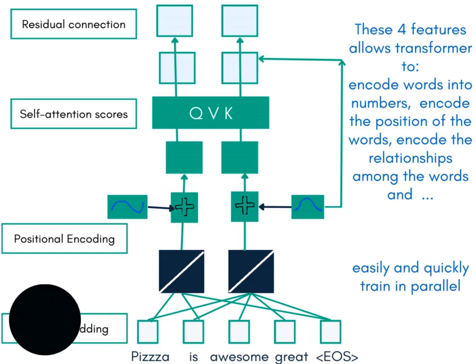So these four features, just to reiterate: word embedding, positional embedding, self-attention scores, and residual connection. These four features allow the transformer to encode words into numbers, encode the positions of the words, encode the relationships amongst the words, and easily and quickly train in parallel.